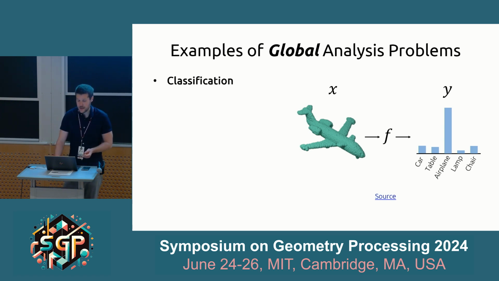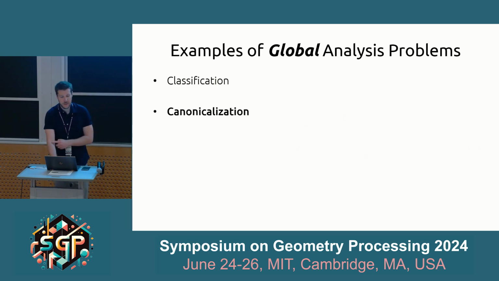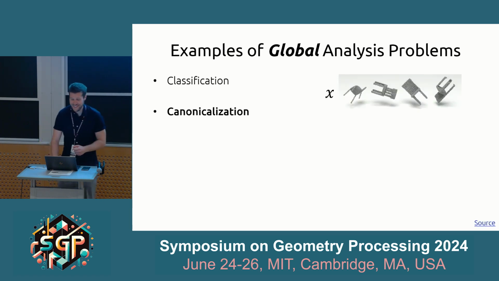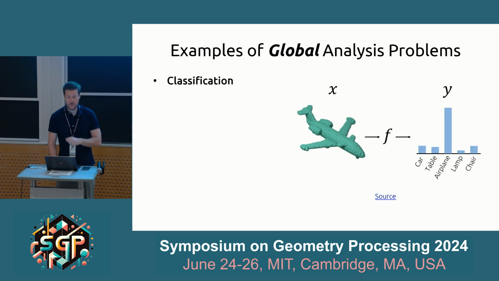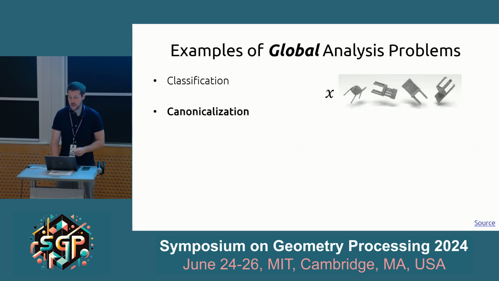Here's a more interesting, more complicated example, the problem of canonicalization. It is a coincidence that all of these start with C, as we will see. Canonicalization is a problem where I might have a whole bunch of shapes. In this case, they happen to be of the same class, so this function would respond the same way to all of them. Here we've got a bunch of chairs.